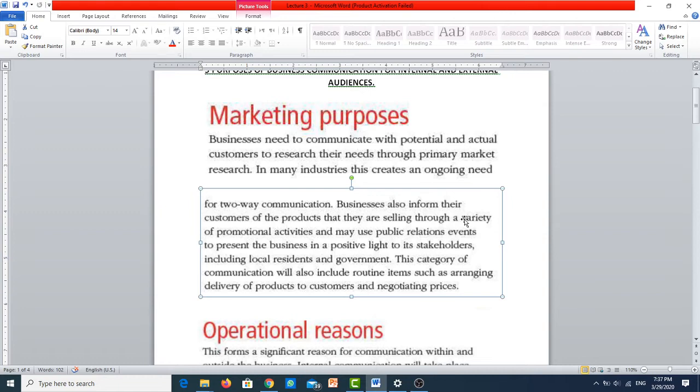In different ways you have to do such promotional activities, maybe some public relations events, and in that you promote your product. And this will be done with research. After getting information about the needs and wants of the customer, then you make a plan to do such kind of activity.